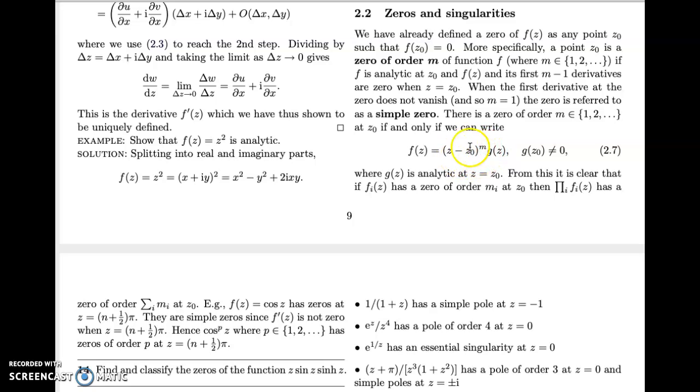So the fact that f of z is 0 at z0 comes from this factor here. That makes it easier to understand, in a way. If m is 1, it's just coming from the fact you've got z minus z0, which is itself a straight line. If you plot it, y equals x minus x0 is a straight line, which crosses the axis at x equals x0. If m is 2, then you've got a parabola. If m equals 3, you've got sort of a cubic, but it's got gradient 0 at x equals x0, if you like.